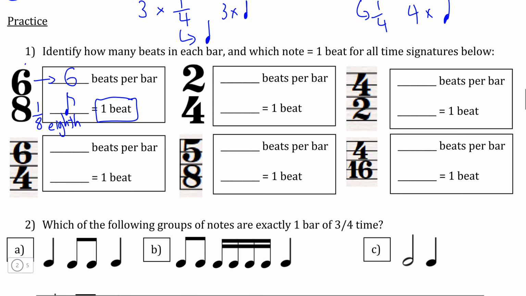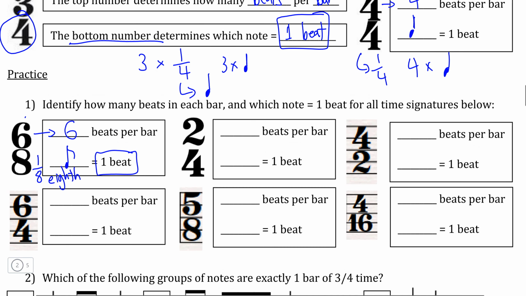But again, according to rhythm, the decision to make a quarter note equal to 1 beat is completely arbitrary, and it actually depends on the time signature. If we go to a more straightforward time signature, 2/4, top number means 2 beats per bar. Bottom number, this would be the equivalent of 2 times 1/4. 1/4 is a quarter, which means that the quarter note is equal to 1 beat.